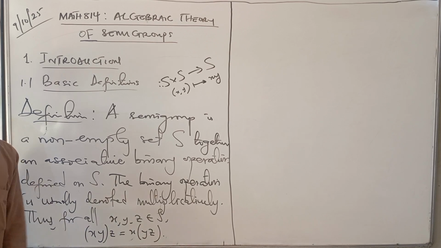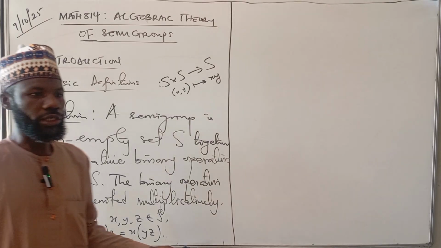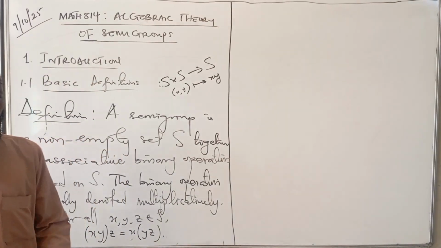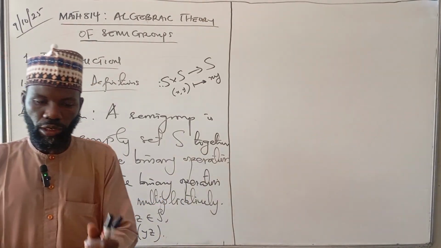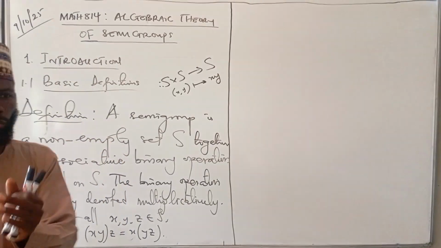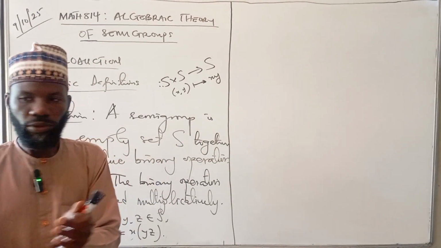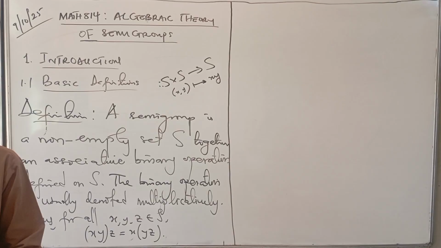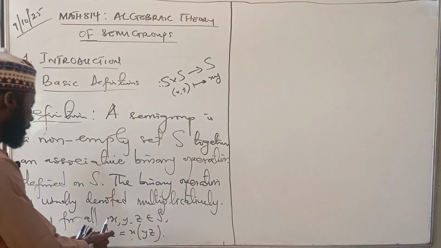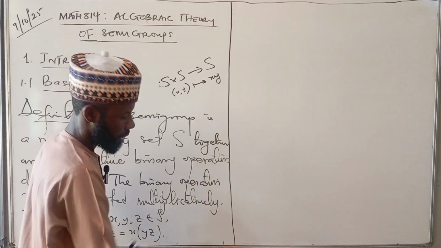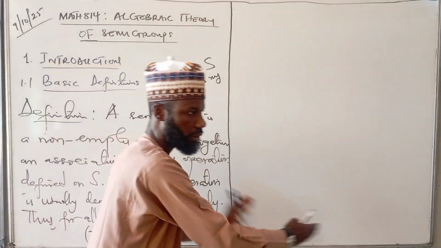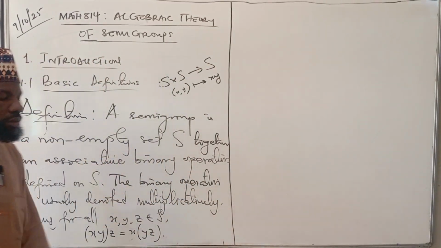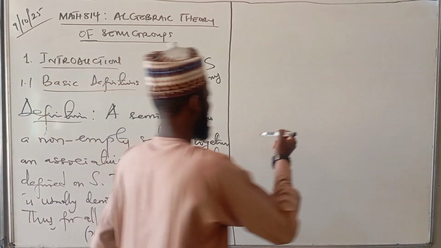It doesn't matter how you combine elements, which means you can do away with brackets while working in a semigroup. You don't have to care about putting brackets to know which group of elements to combine before combining the others. That is the advantage of having associativity. If I have a long product, I can just look at the center and combine anyhow. That is what the binary operation is doing.